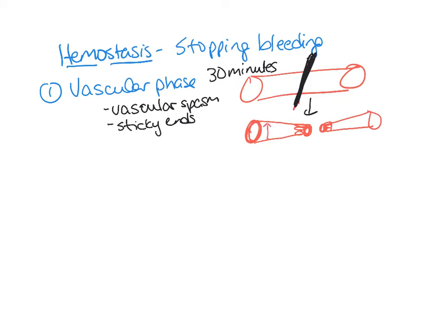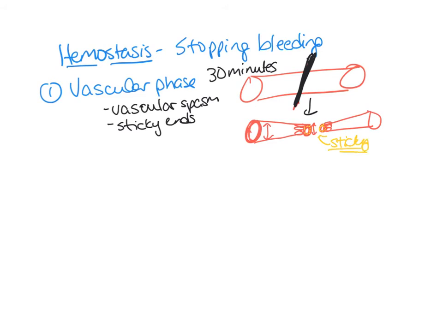We go from this wide down to this wide. The next thing that we get is stickiness. On the ends over here, these cells have been broken, and so the cytoplasm leaks out and makes those ends really sticky. So that's what we get in the vascular phase.